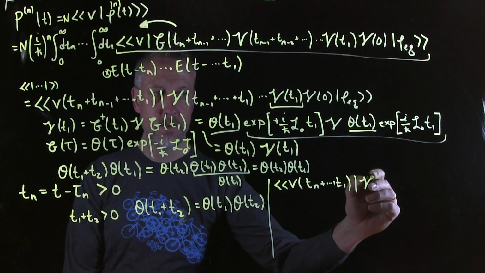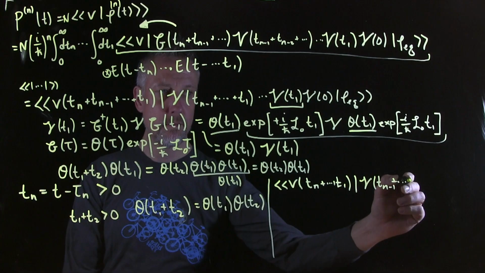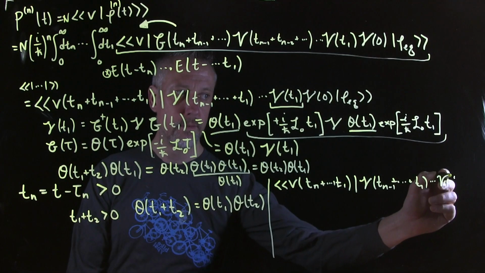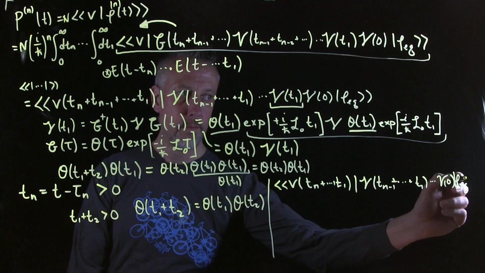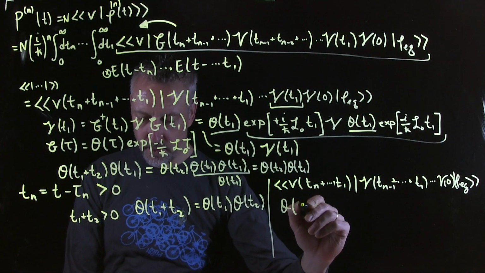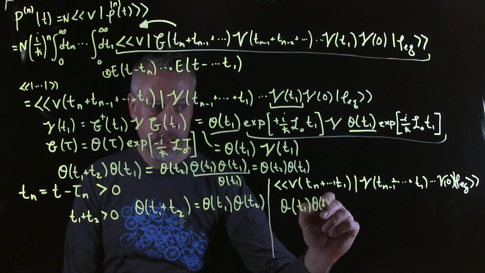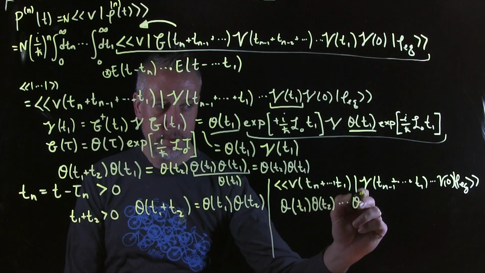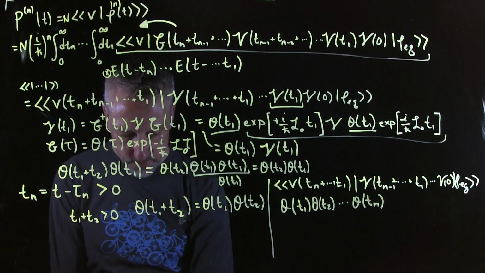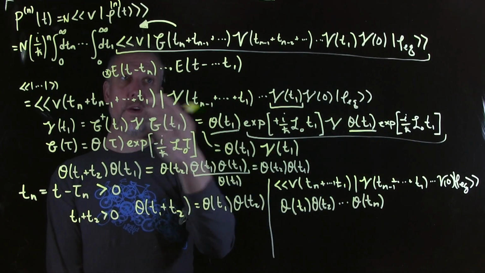So we're going to have V Tn minus 1 dot dot dot, and I'll just skip all the way to 0. And then we have theta, and then it's the product of all the thetas. So theta T1, theta T2, the order doesn't matter, up to theta Tn. That is this chunk.